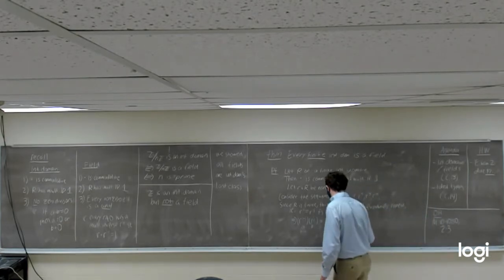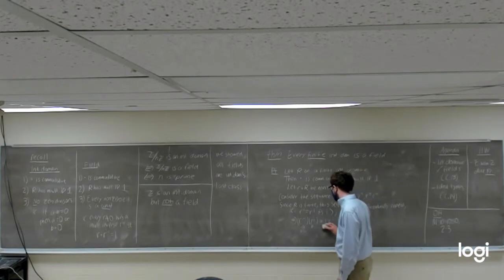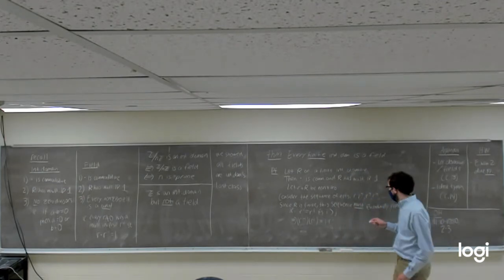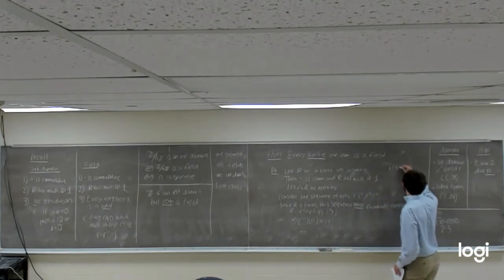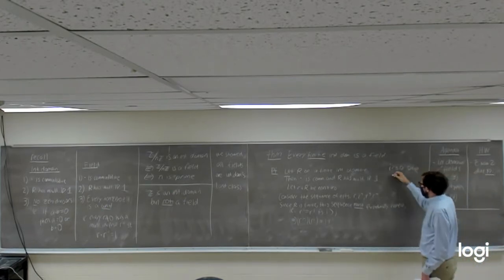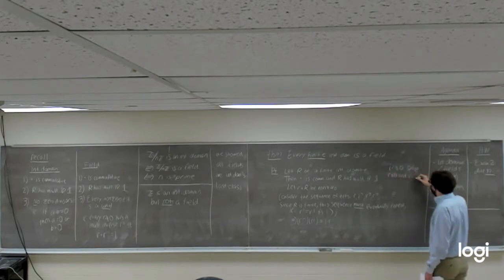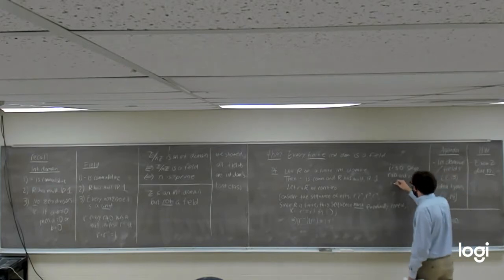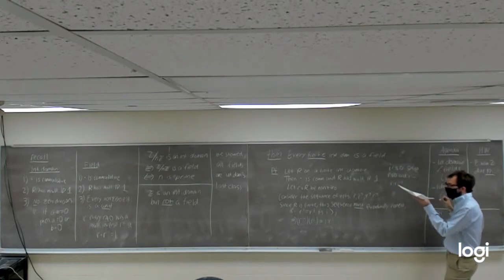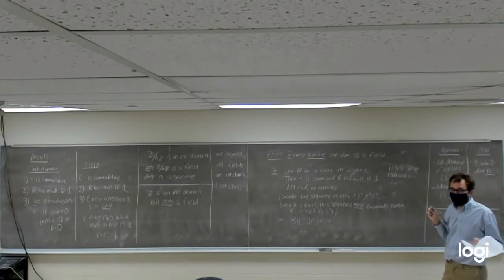And here's what I want you to notice. r to the i minus j times r to the j is equal to 1 times r to the j. r to the j is not 0. Why is r to the j not 0? Well, that's since r is not equal to 0, and r to the j is equal to r times r to the j minus 1, which, if these are both non-zero, since we have an integral domain, r times r to the j minus 1 also can't be 0.